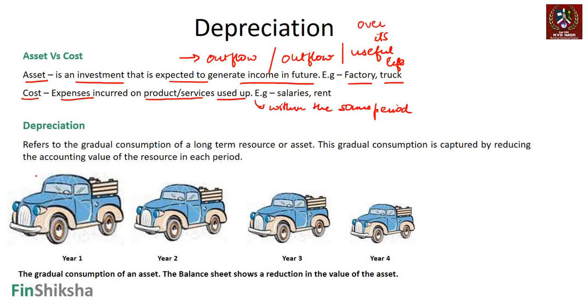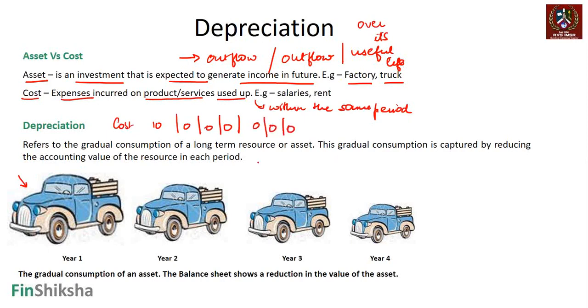Let's say we are buying a truck worth 10 lakhs. The truck is going to get used over the next 10 years, so it is going to generate revenue for me over the next 10 years. It is unfair if I create a profit and loss statement where in the first year the cost is 10 lakhs and in the next 10 years there is no cost, right?